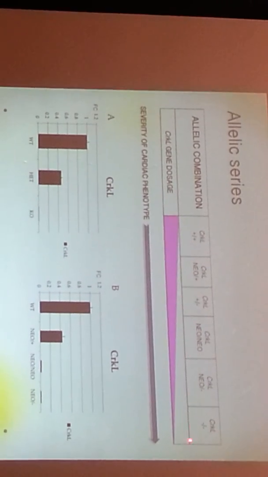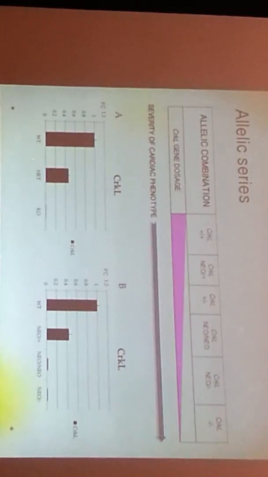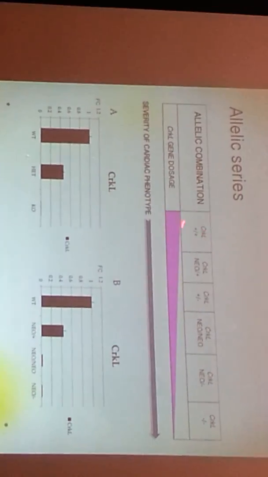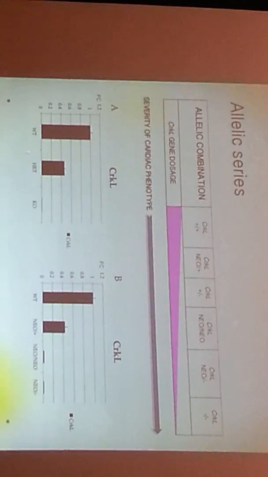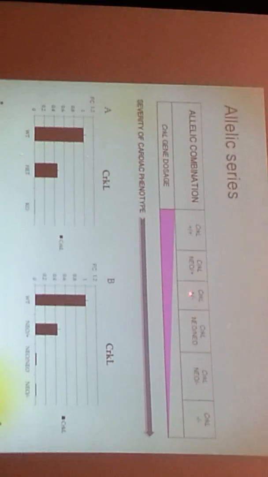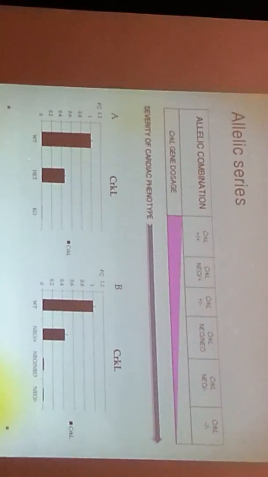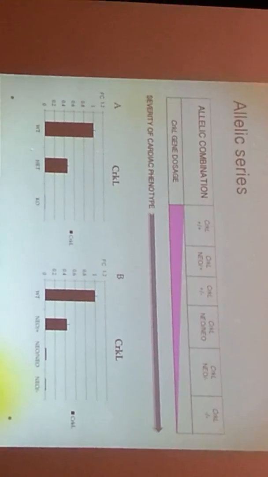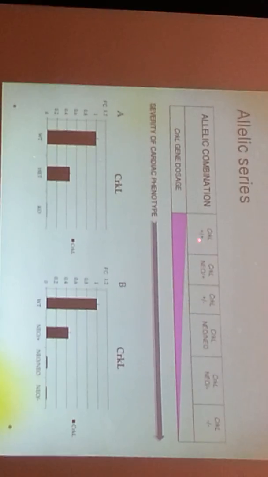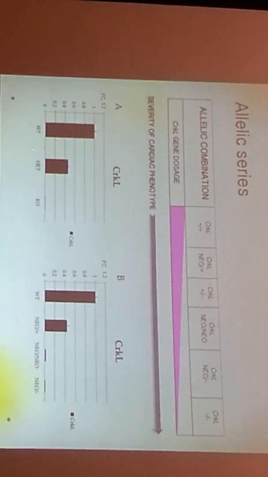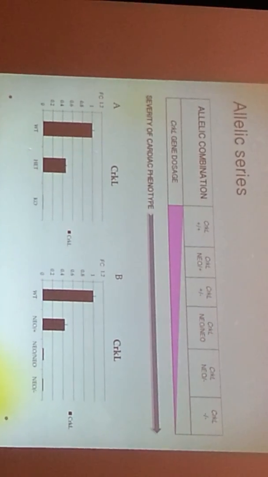As I mentioned, this is the combination of all the alleles as many as it was possible. So we have the Crkl plus plus, this is the wild type. We have Crkl neo over plus. We have Crkl het, heterozygous, plus minus. We have Crkl neo neo, neo minus, and minus minus. The first three, plus plus, neo plus, and plus minus, serve as controls because they don't have cardiac defects.